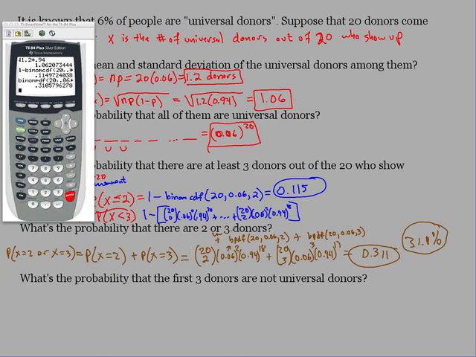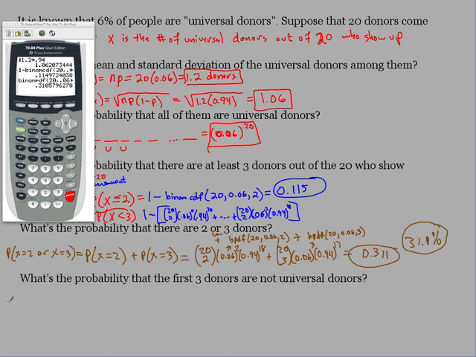So about a 31.1% chance of getting 2 or 3 donors, which makes sense because we expect how many? We expect 1.2, so the chances of getting 2 or 3 are probably pretty good. What's the probability that the first 3 donors are not universal donors?